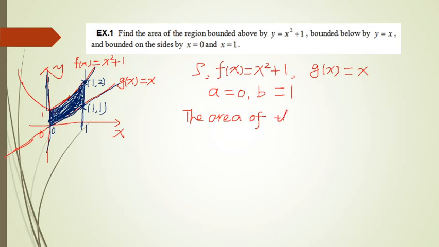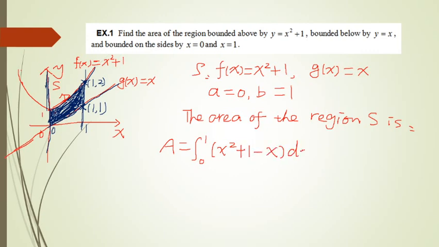The area of the region S, and the region is shown here. So basically you should draw the region first, and this part is the region S. Okay? So A should be the definite integral from 0 to 1 of f(x) minus g(x) dx. How to evaluate this definite integral is pretty easy.